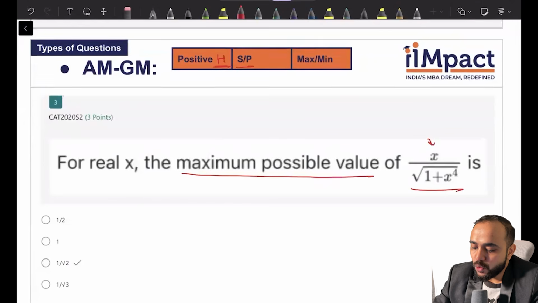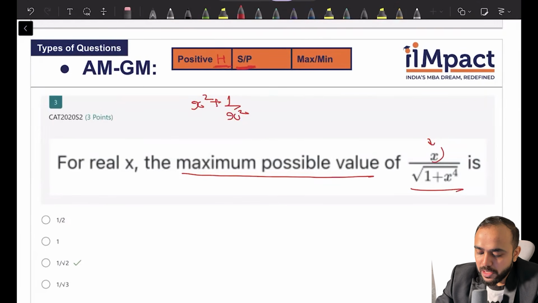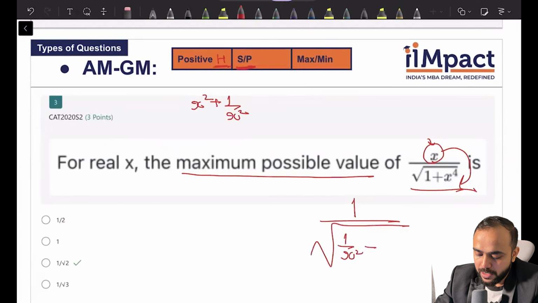Secondly, sum product. Is it hidden or is it given? It is also hidden. They could have given it to you like x square plus 1 by x square, in which case it would have been very easy to observe. But what they have given you is this. If you bring this x in the denominator, you will get 1 by root of 1 by x square plus x square.